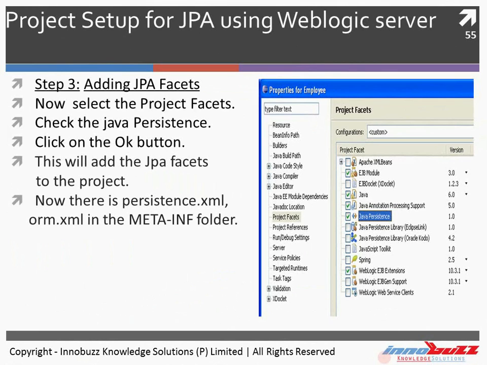Here you have to select Java Persistence, which is JPA, and then click the OK button. This will add the JPA facet to the project. Then persistence.xml and also orm.xml in the META-INF folder will be generated by selecting this project facet.